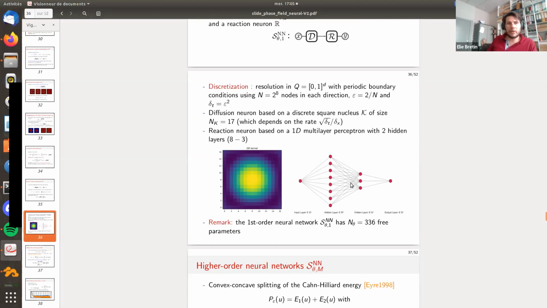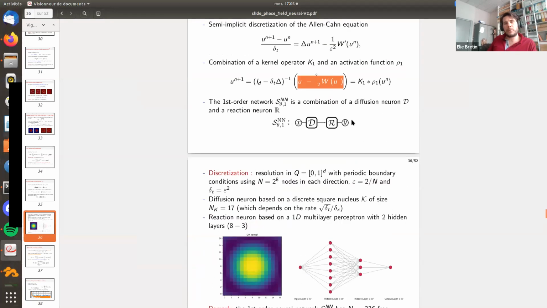So at the beginning, we obtain the neural network first by optimizing the kernel, and then by optimizing the kernel and the reaction operator at the same time. This is not in PyTorch, this is in MATLAB.